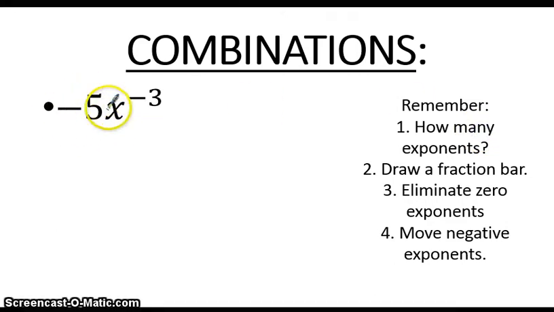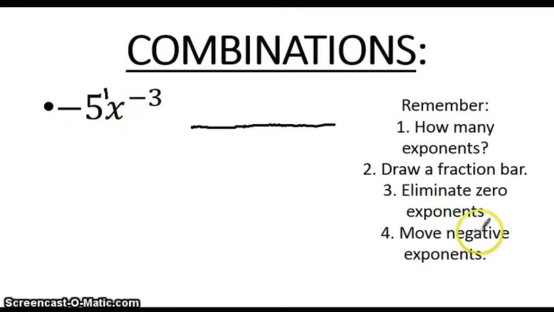Negative 5 x to the negative third power. How many exponents do we have? Well, we have 2 exponents. The 5 has an exponent of 1, and the x has an exponent of negative 3. So let's draw our fraction bar so we can distinguish the numerator and the denominator. We'll eliminate any 0 exponents. Well, we don't have any, so we can skip that step.